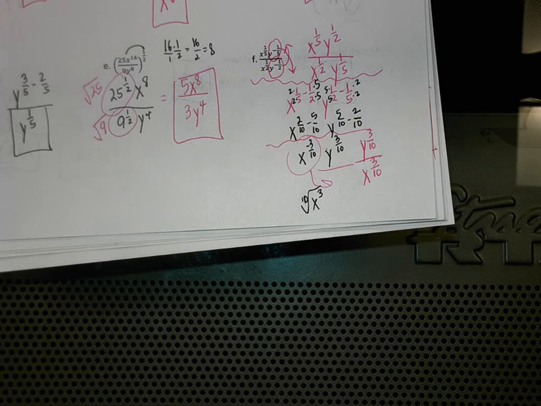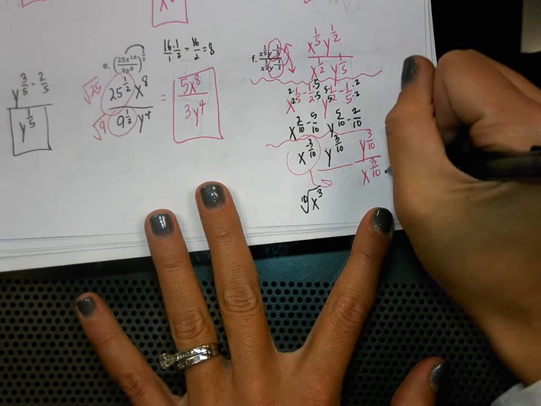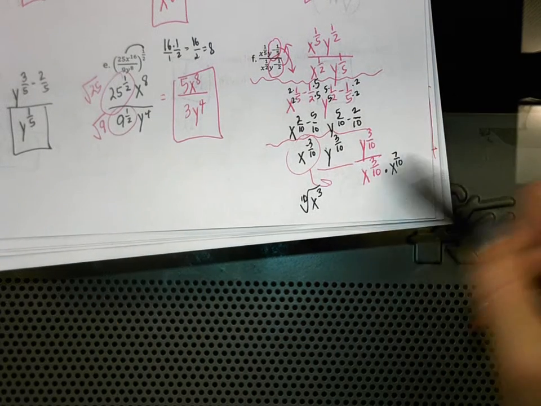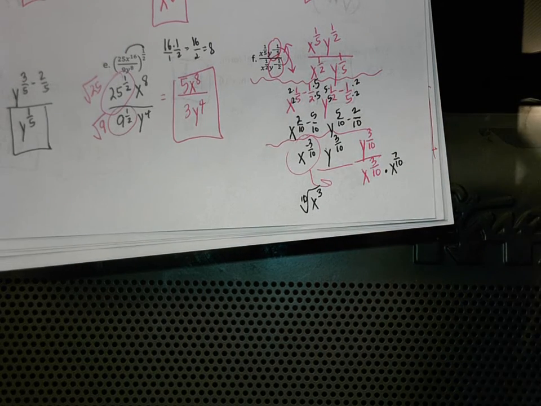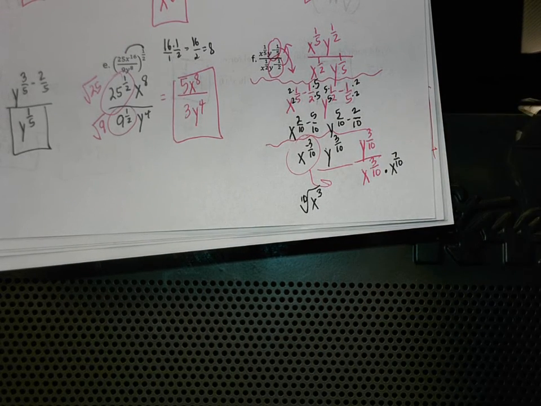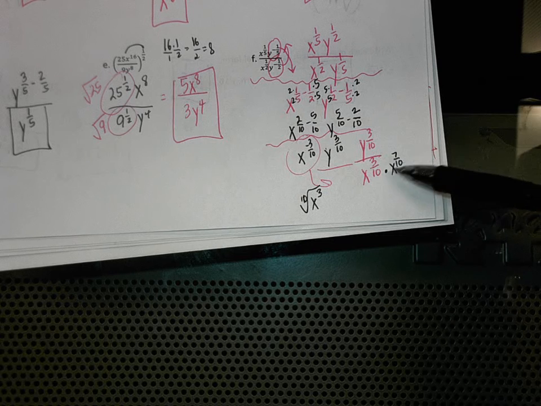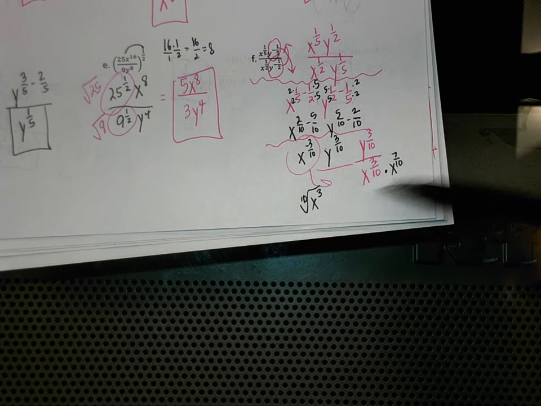7 more x's. Do you notice that if I were just to multiply by x to the 7/10, do you see here we're just trying to make this a 1? And what do we do with exponents? You add them. So it's up to you if you want to write it like this, or if you're like, oh, I know that I need to make this a 1, so I just need 7/10.